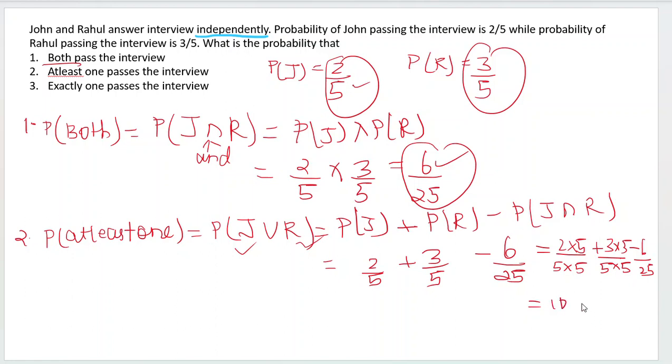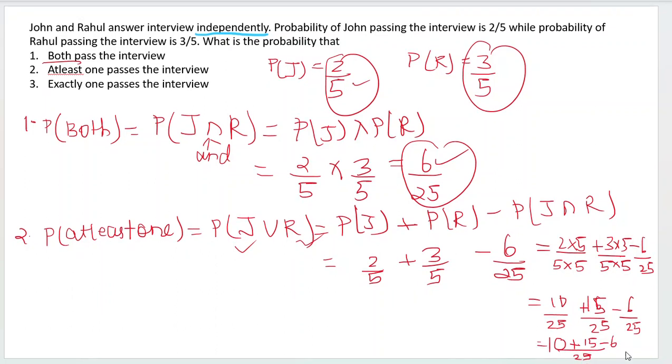This is 10 upon 25 plus 15 upon 25 minus 6 upon 25, which is 10 plus 15 minus 6 upon 25. This comes down to 19 upon 25.